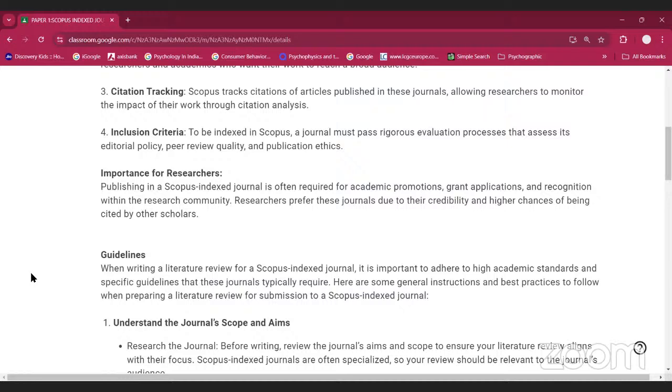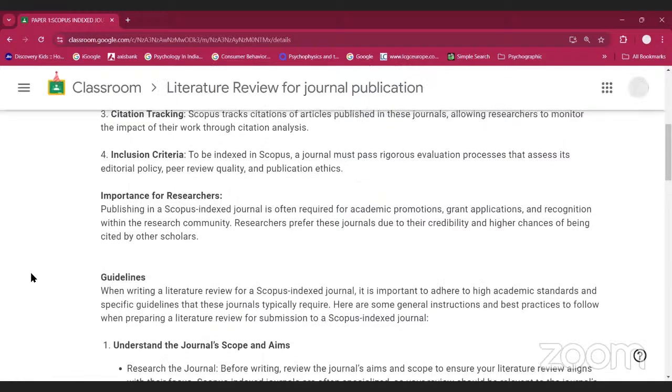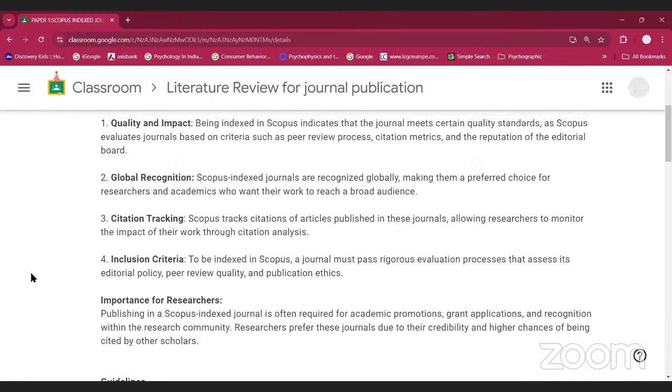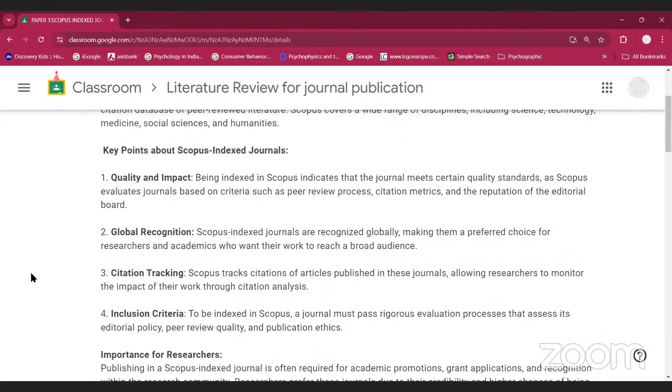So what Kavita has presented, I think this is clear to all of you, or any question? Sir, what is citation metrics, sir? Citation tracking.